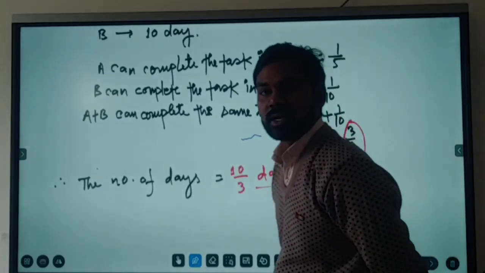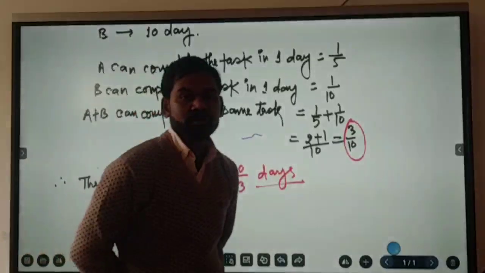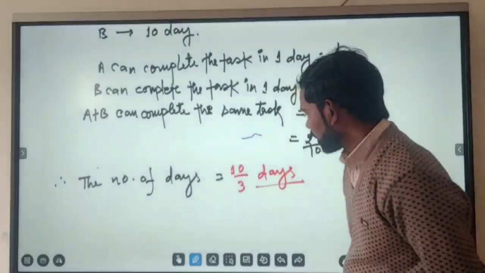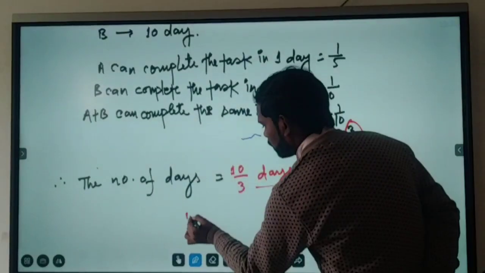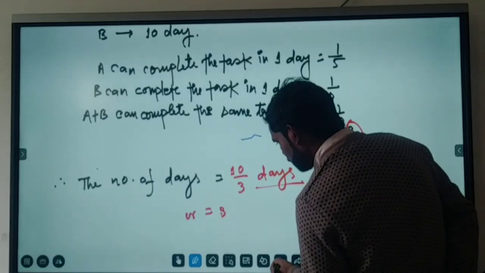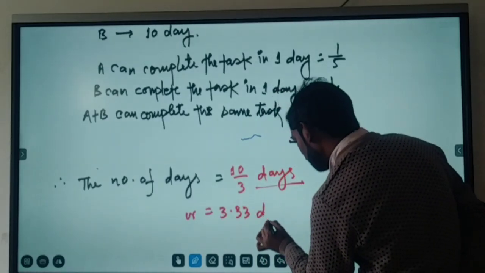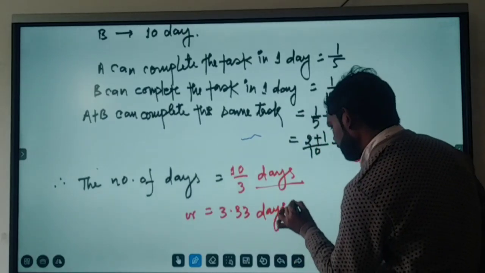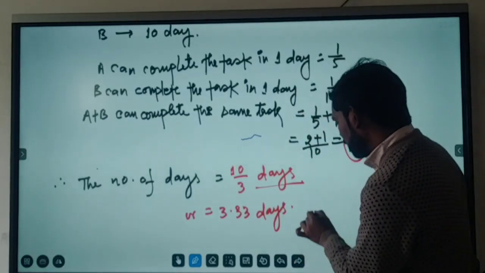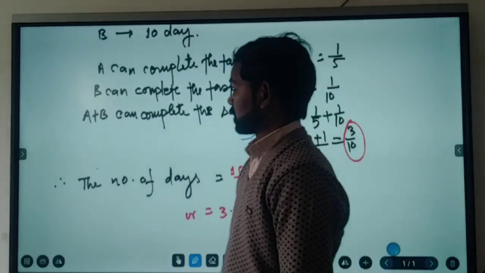So when A and B do the same job simultaneously, they can finish the job in 10 by 3 days, or it can be written as 3.33 days. So this is the required result, and I hope it is clear.